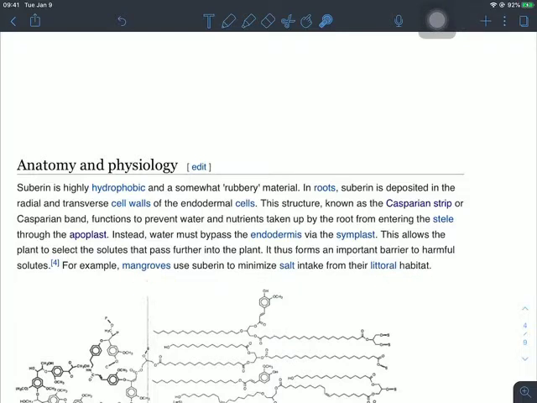So these are trees whose roots are able to pull water in despite the fact that they exist in salt water. Think about how crazy that is. If you were to drink salt water, you know that that dehydrates you. The Casparian strip in plant roots enables the mangrove to drink in salt water, but keep the salt out and move the water in. This is pretty cool, right?